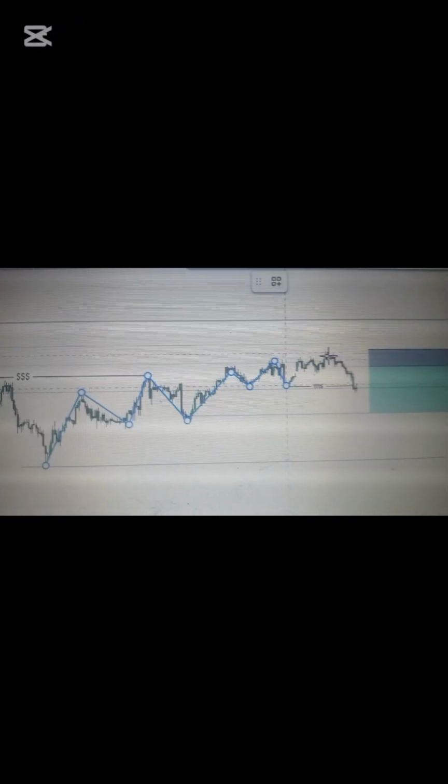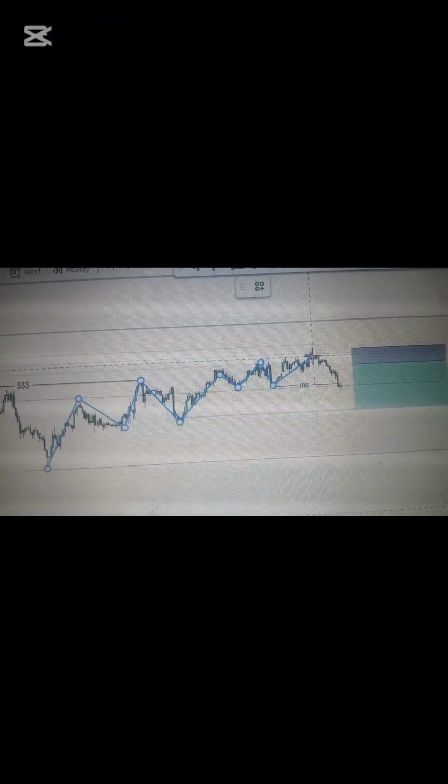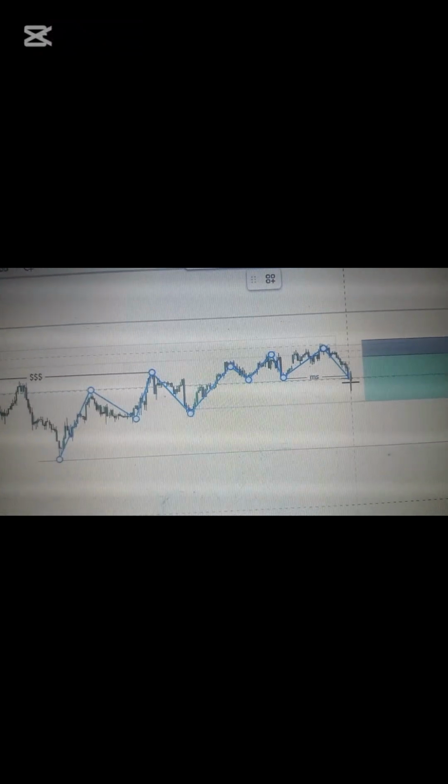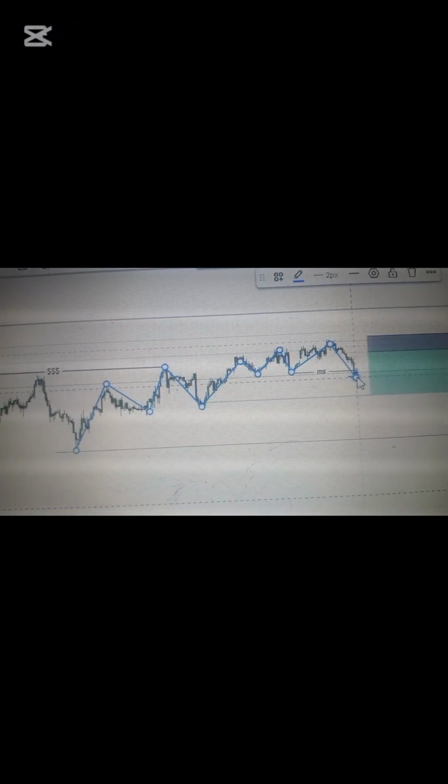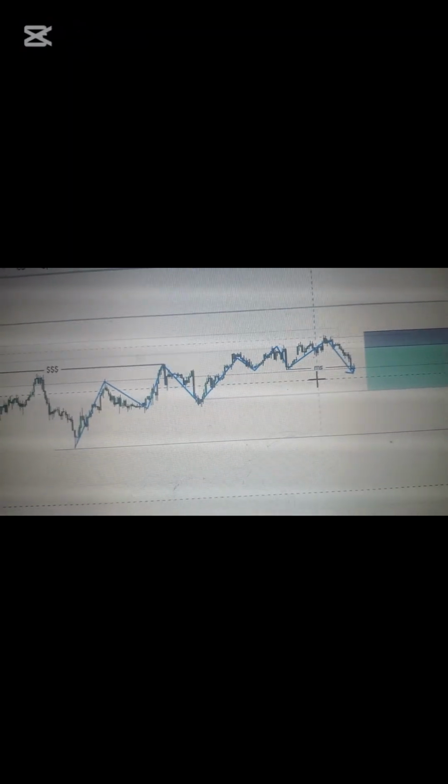Can you see something that's happening there? And it gave us another higher high, then breaking this our recent lower high.